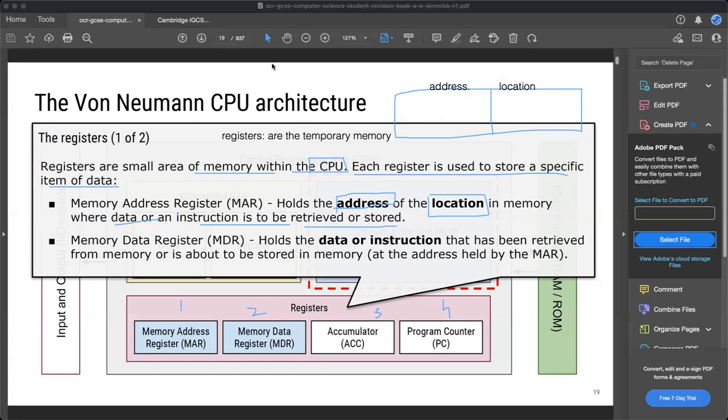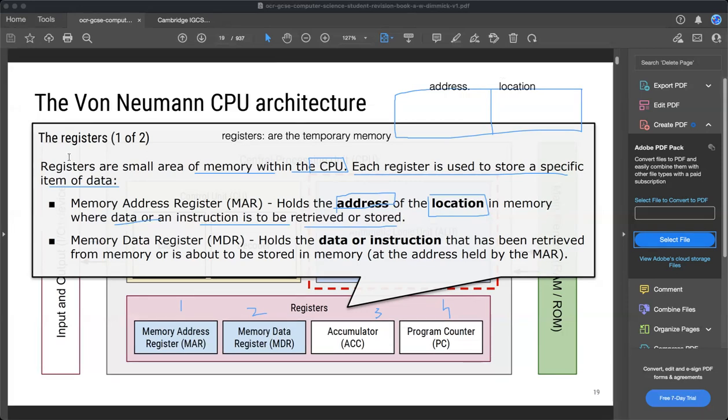Like you said, I live in building number 5, ABC Road, London. So building number 5 and ABC Road is a particular address, and London or any other place is a location. So that is how the MAR works.